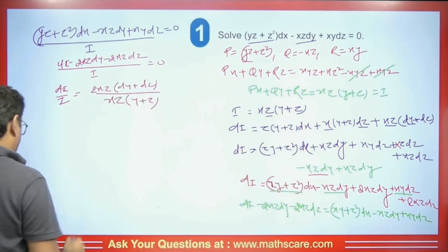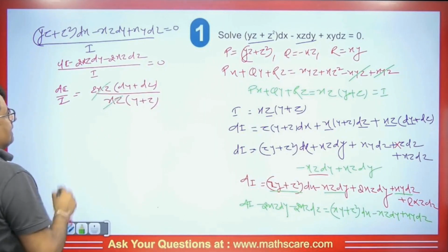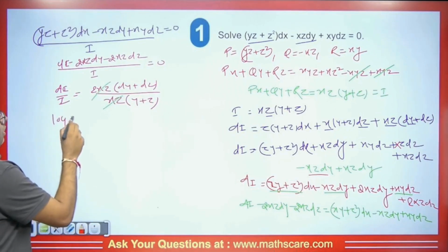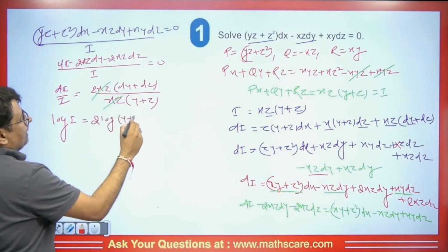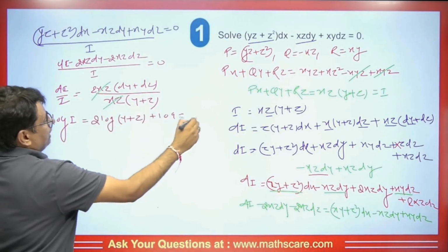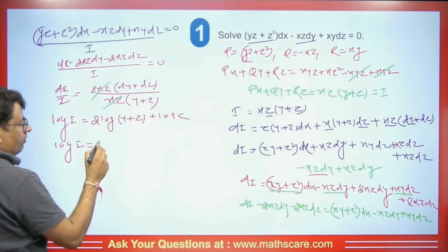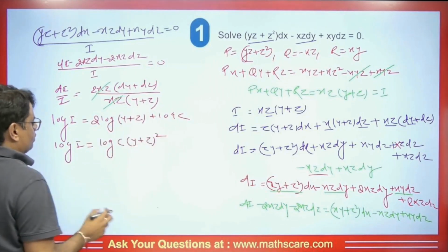Clear? Now you can see that this question is easily getting solved. Now see, this xz cancels out. Now we'll integrate it. So its integration will be log I, and this will become 2 log y plus z, and we take the constant as log c, right? This will be our log I is equal to this 2 will go to the power, and it will be multiplied by c into y plus z whole square.